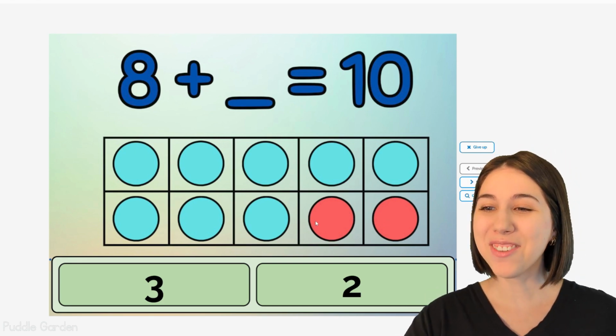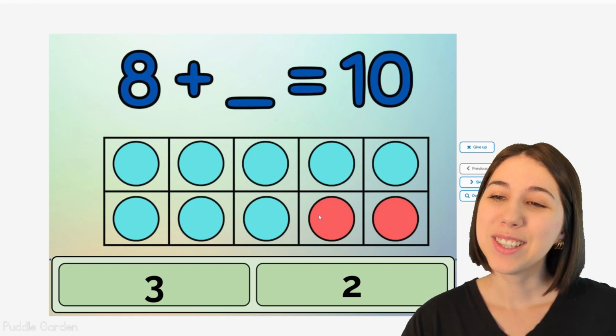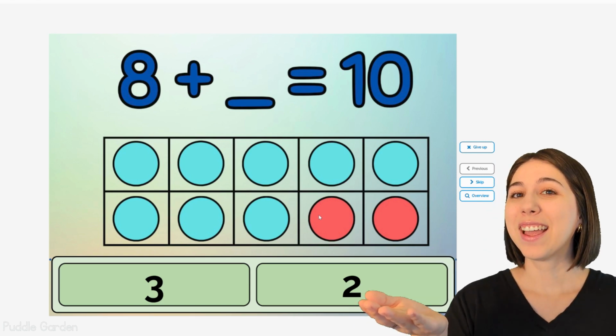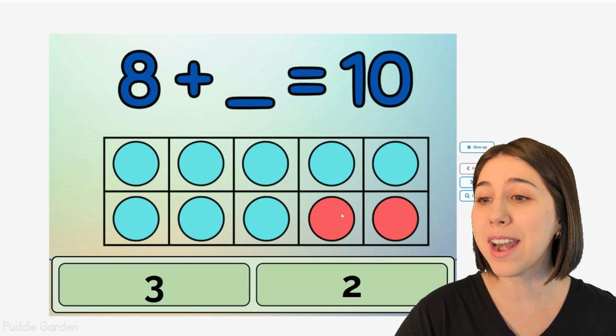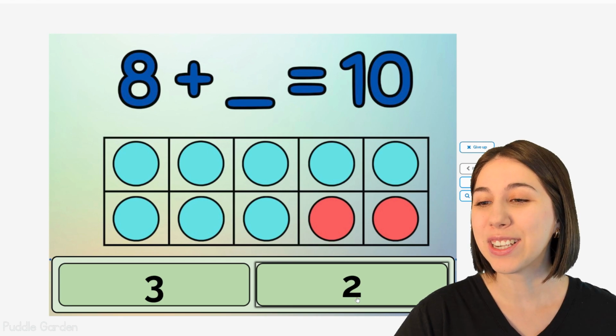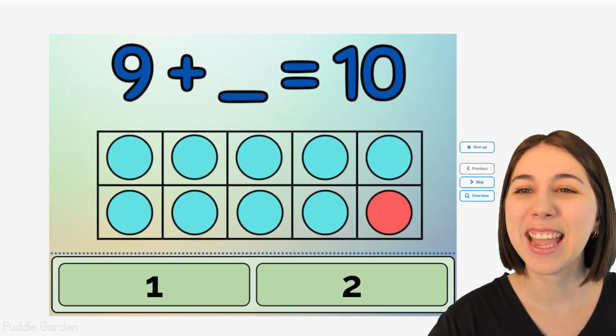I'm going to give you about 5 more seconds. Let's count. 5, 4, 3, 2, 1, and 0. How many reds do we have? Awesome. We have 2, and we can count them up real quick. 1 and 2. And this is our 2. Let's check it. And we got it correct.